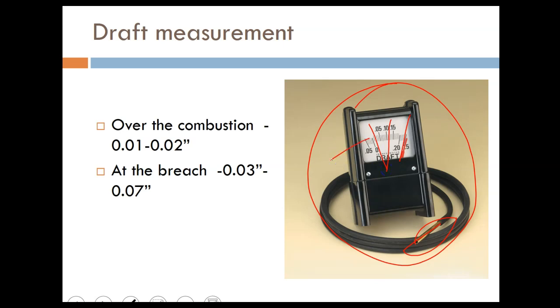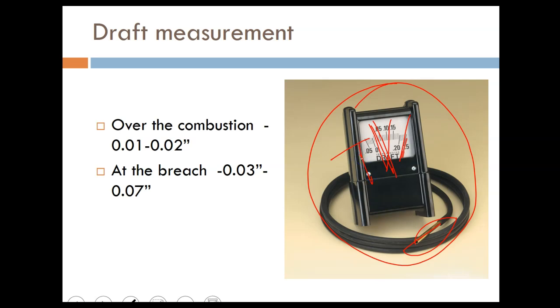And over the breech, it should be minus 3 to 7. So 0.01 to 0.02 should be around here. And over the breech, it should be between 0.3 and 0.7. It's minus, so it should be somewhere around here.